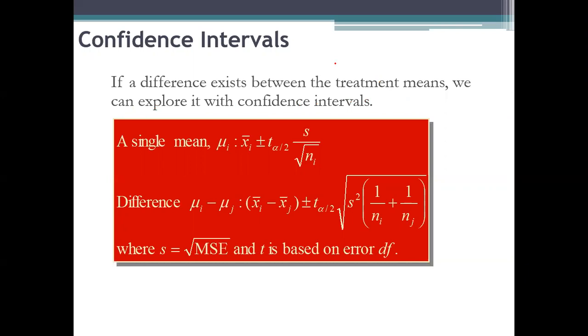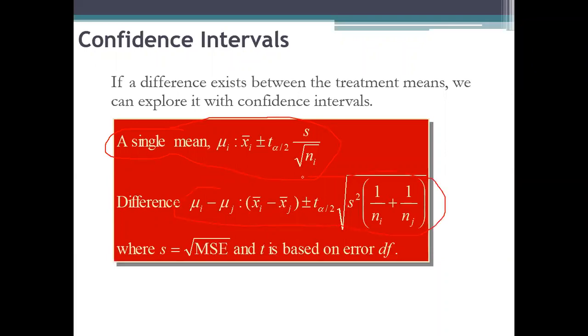So we can explore it with a confidence interval. This is the basic formula for a single mean, like we have discussed in our previous lesson, and this is also the formula for the difference of means.